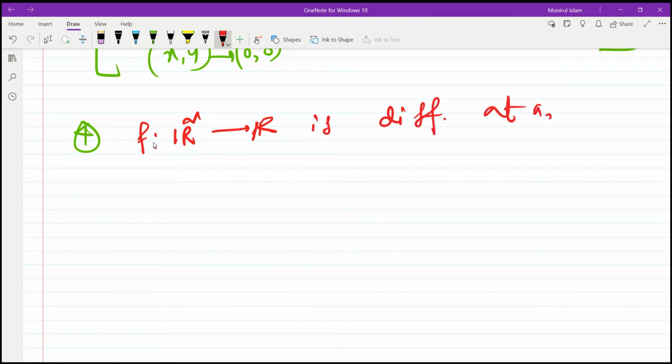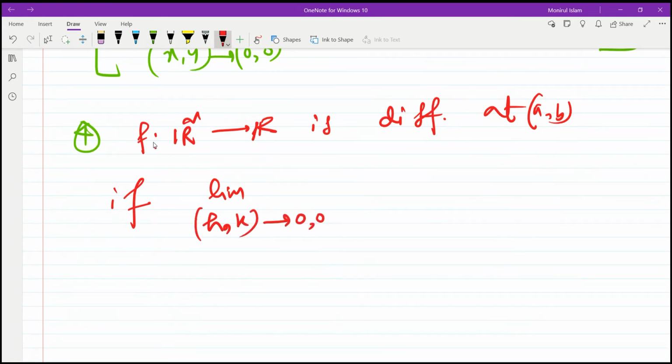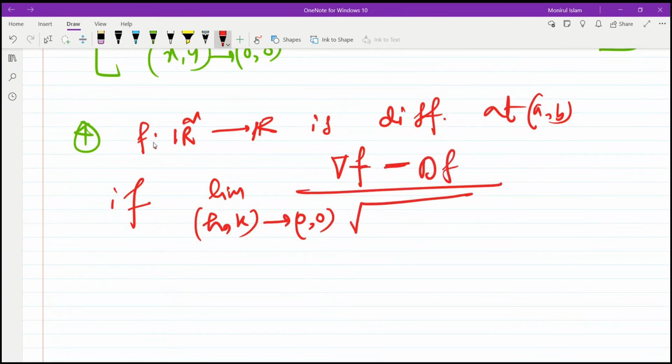Okay, I'm writing it in formula. If this limit holds: limit as (h, k) tends to (0, 0) of (del f minus df) by root under h square plus k square. This limit should be 0. If this limit is 0, then the function is differentiable.